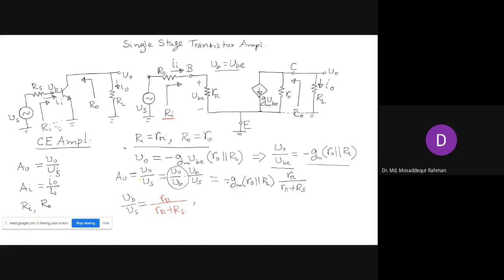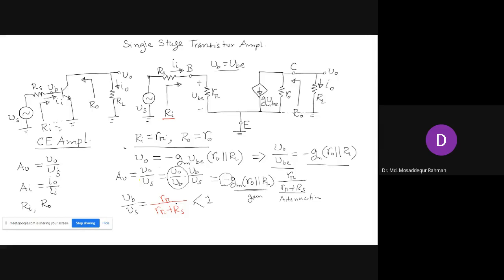Now, a couple of things to note here. The voltage gain for the common emitter is negative, right? The other is that the first part here, GM R naught RL, is actually the gain, which amplifies. The second part here is attenuation, so this part is less than 1.